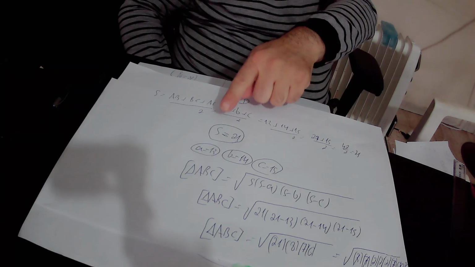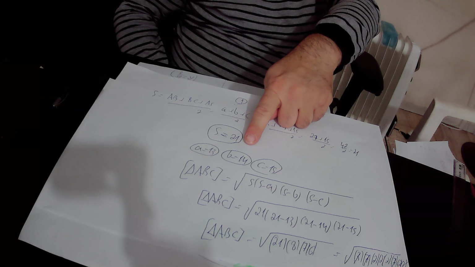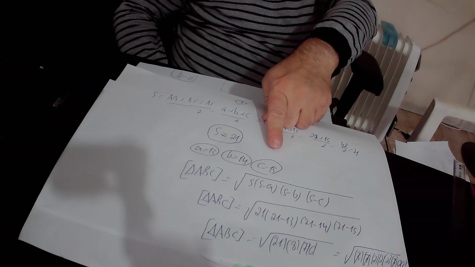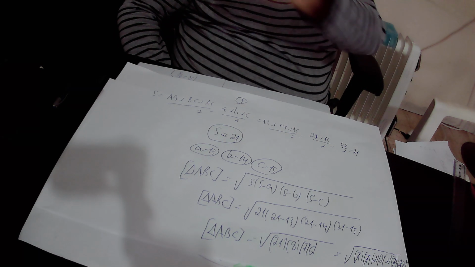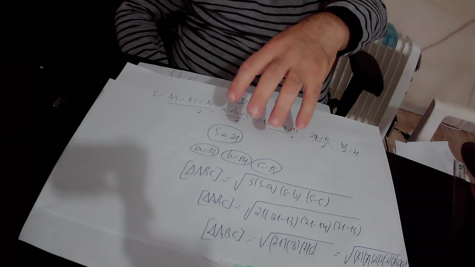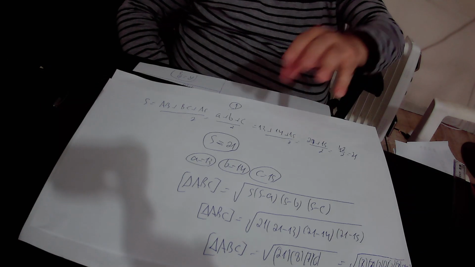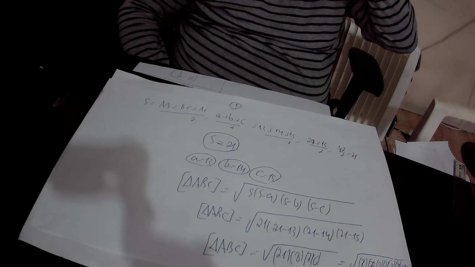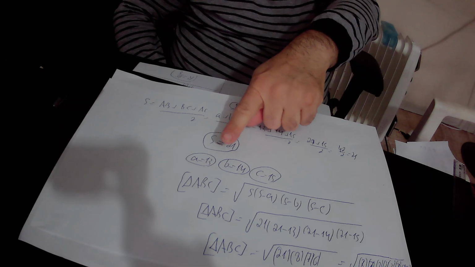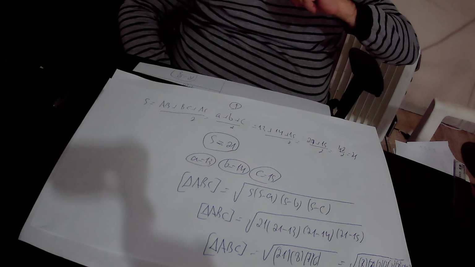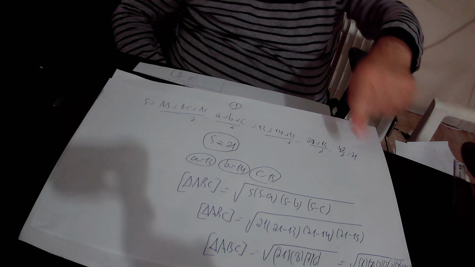Again, according to our definition, A equals 13, B equals 14, and C equals 15. The only thing left to do is to put the data inside the formula for the area of any triangle. This is the formula according to rule number 4 for the area of any triangle.